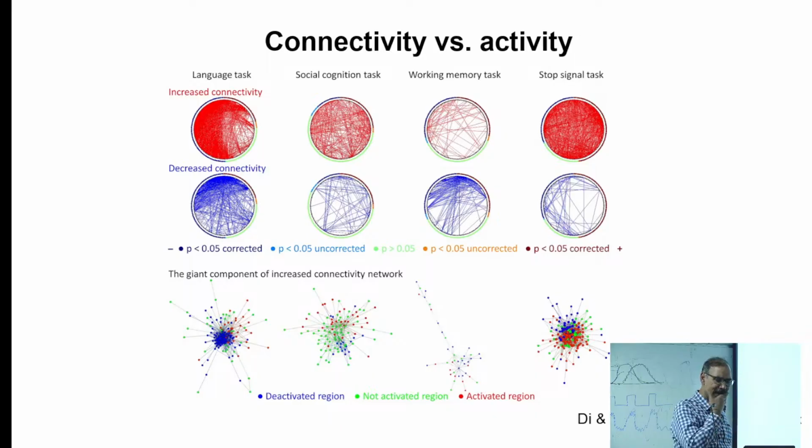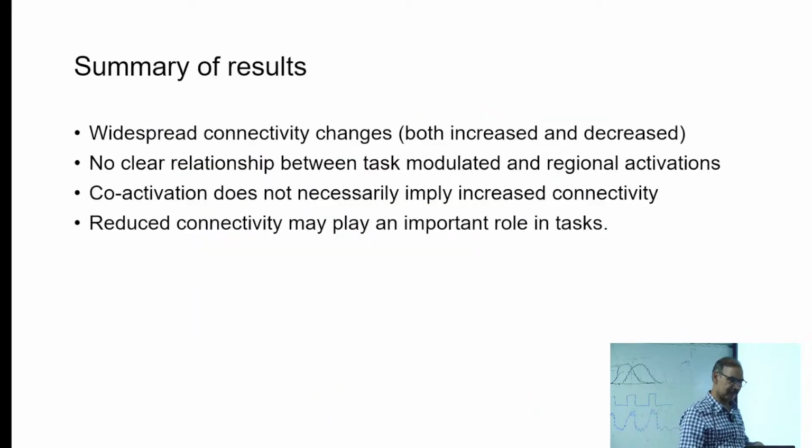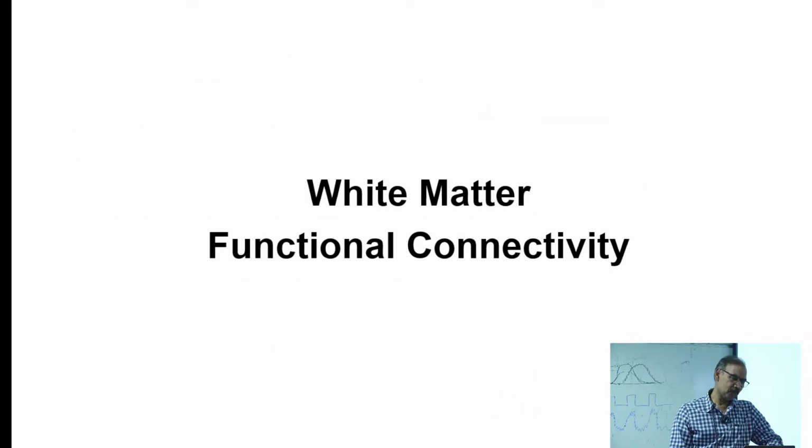So maybe the last topic I want to cover is white matter connectivity. I had told you how my initial papers got rejected. So I'm facing the same trouble again now on this topic, right?